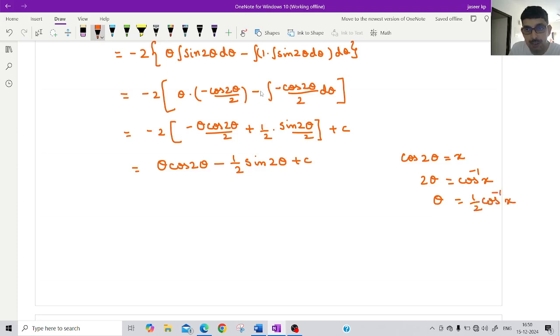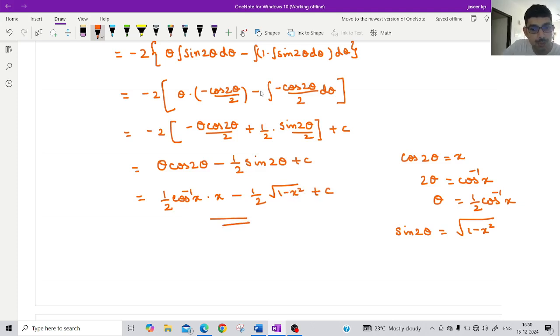Further, cos 2 theta equals x means sin 2 theta is root of 1 minus x square. So putting those values here, the final simplified answer will be 1 by 2 cos inverse of x into x minus 1 by 2 root of 1 minus x square plus c. So this will be the answer to this particular problem.